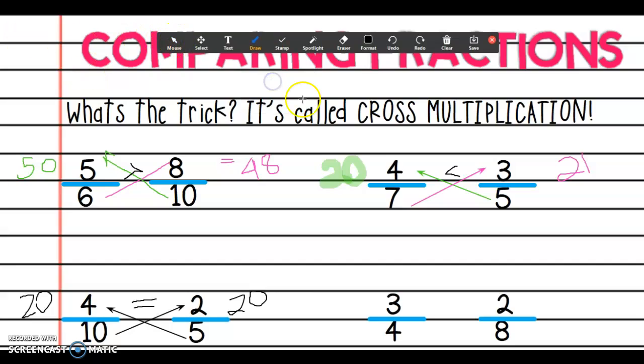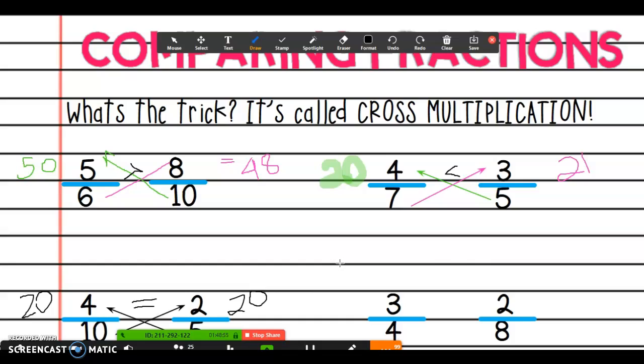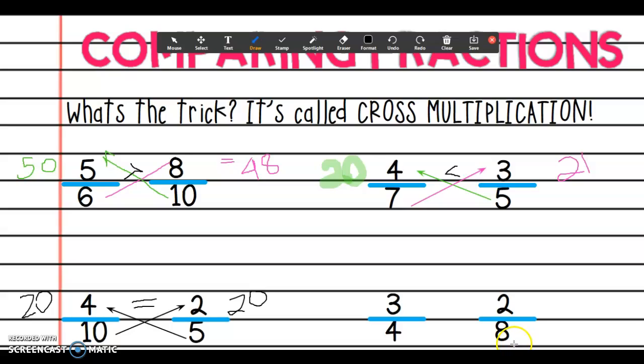Okay. Tell me what I need to do, Janae. First, I have a question. At the bottom of 2, is it a 3? You mean this number here? Yes, I can't see. It is an 8. Oh, okay.